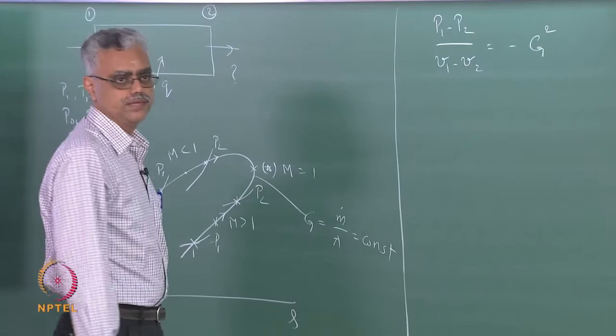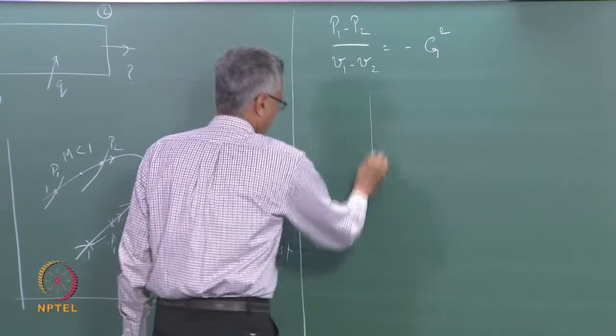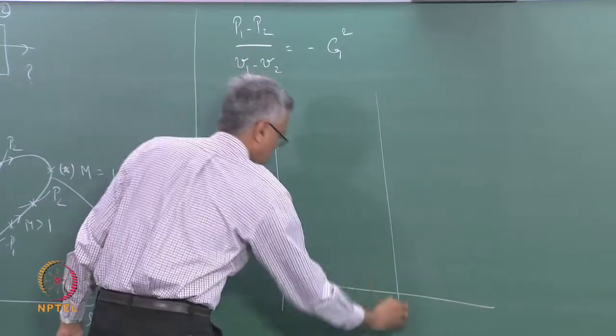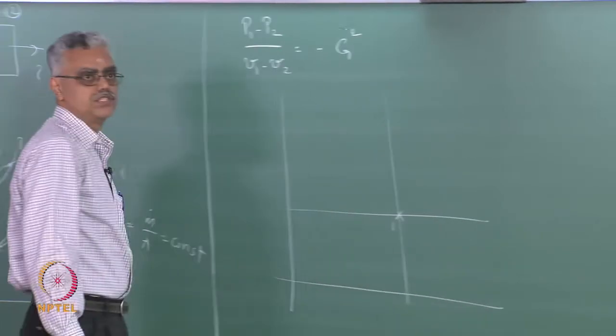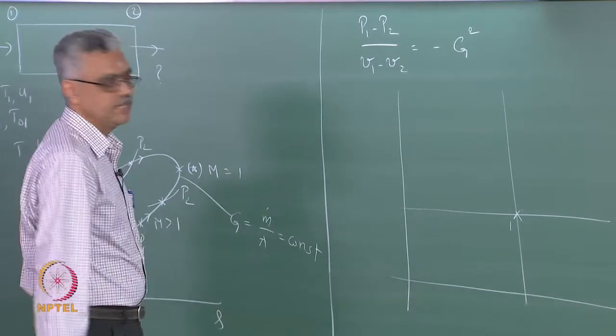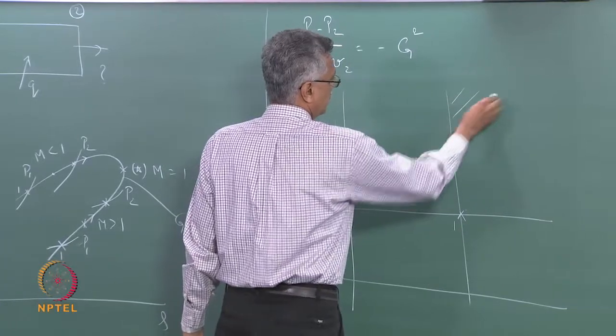So, this is a straight line with a negative slope on the PV diagram. Let us say this is my state 1, then the Rayleigh line has a negative slope, which means that the downstream state cannot lie in the second quadrant.